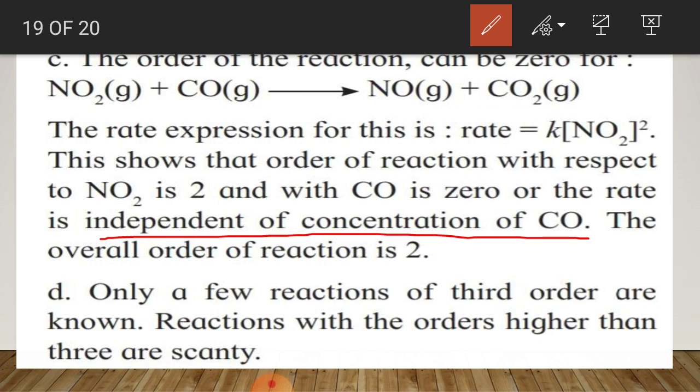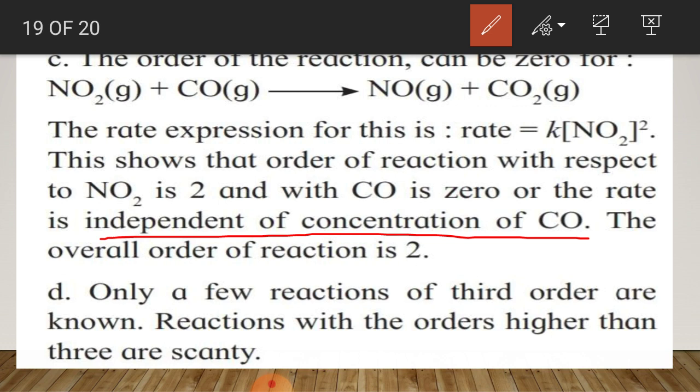We have studied right now that if the concentration of B is raised to y, and y is 0, the rate of the reaction does not depend upon B, it will depend upon the other reactant.